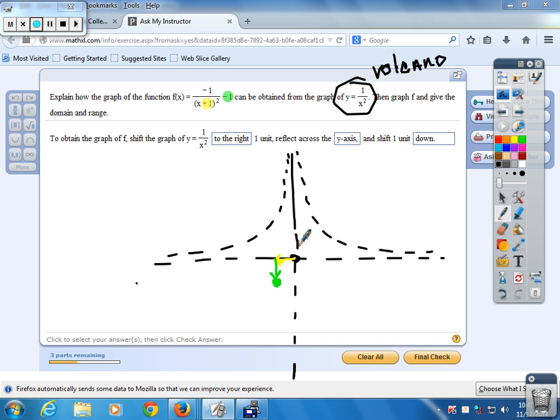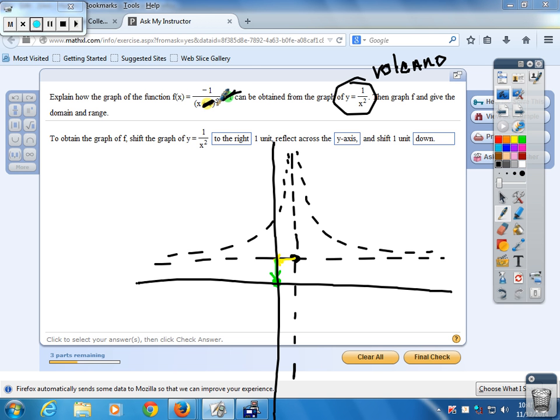All right, so there's our parent graph origin. Our new origin is coming right here. Now what I've just done is I've gotten rid of this and this, so I don't need it anymore. I've already got my vertex moved. It's moved over one and down one.